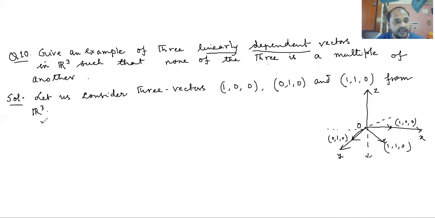Now we are selecting three scalars A, B, C from R. Why am I selecting these from R?